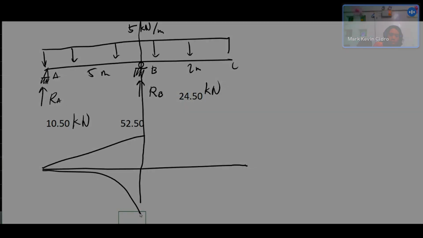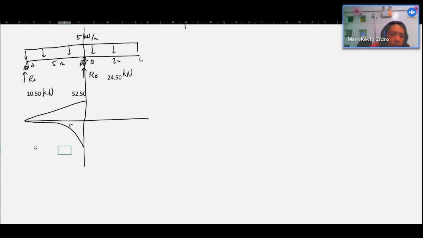Okay, so here, this curve is second degree, because zero degree loading gives a first degree shear diagram and a second degree moment diagram.